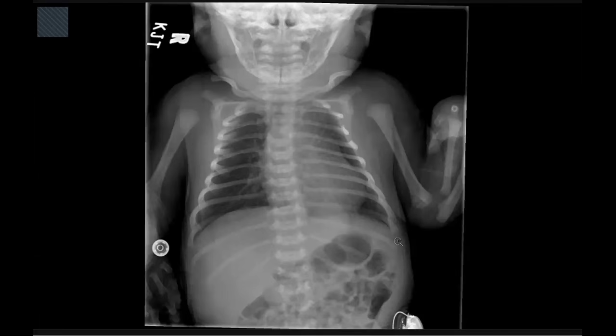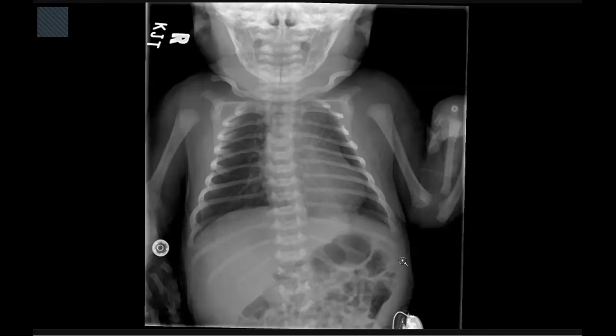So for this lesion, this may be an area of sequestrated lung, or another differential, maybe a small part of diaphragmatic hernia, but this is less likely because I can see the stomach and the bowel loops.